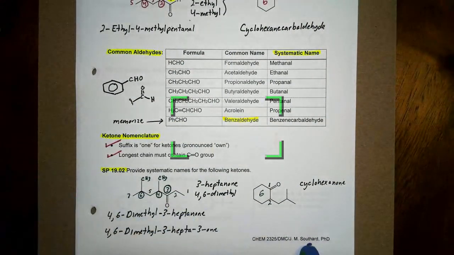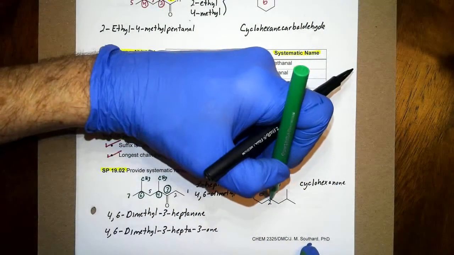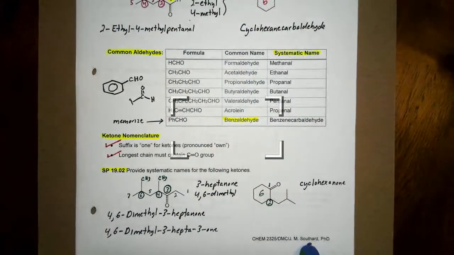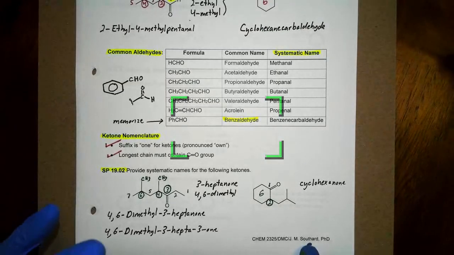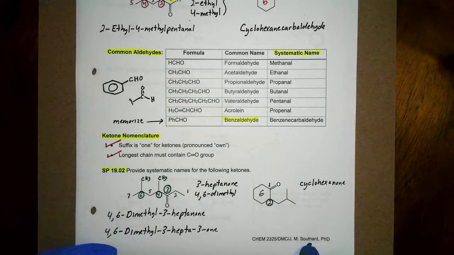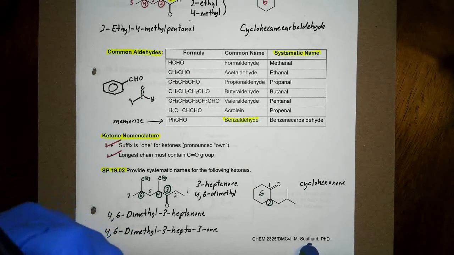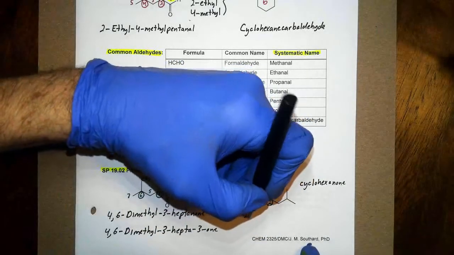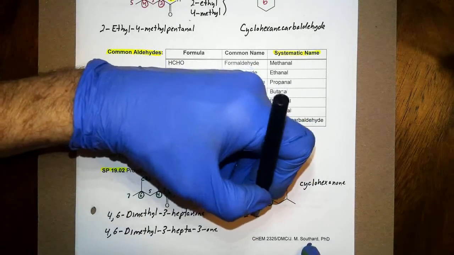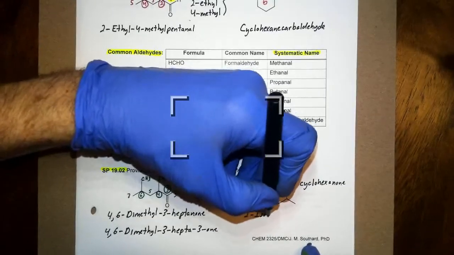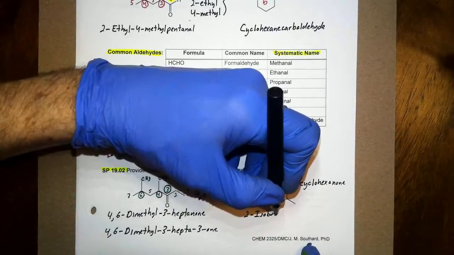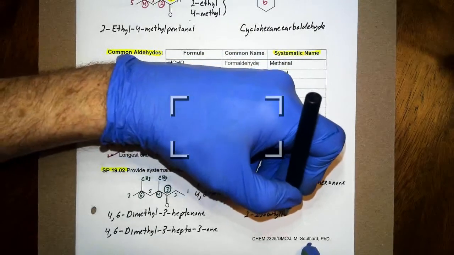And you recognize the branching group at carbon 2, at least you should. So therefore the systematic name for this cyclic ketone would be 2-isobutylcyclohexanone.